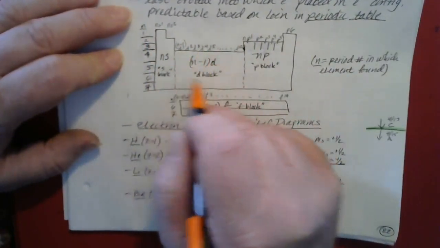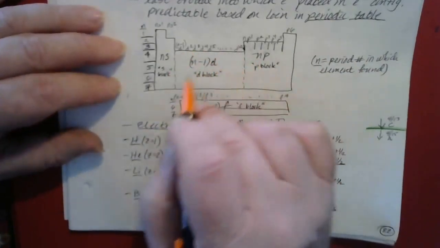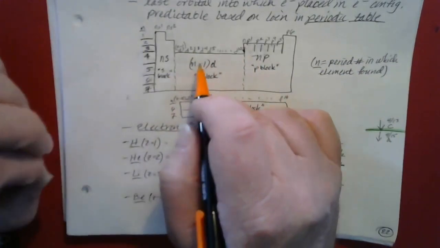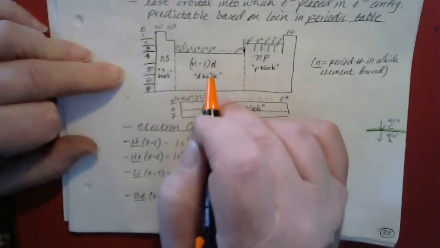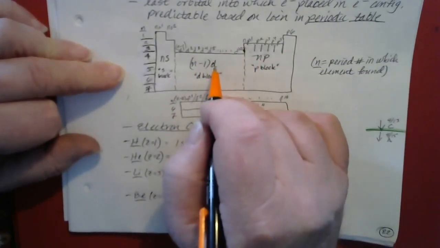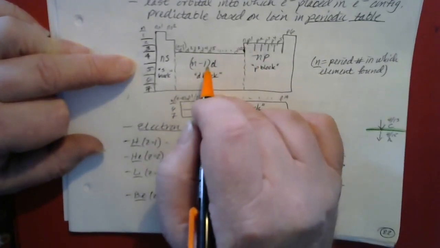Then we come to the D block. The D block is also known as the transition elements. And this is where the last electron in the electron configuration will be going into a d orbital of the next to last valence shell, that is N-1.